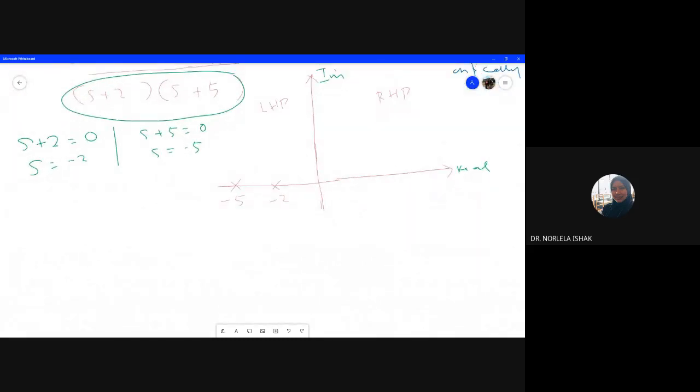So that's why we need to define the transfer function from the system. We want to analyze the behavior of the system. Now we know our RLC circuit condition is stable because the location of the pole is on the left.